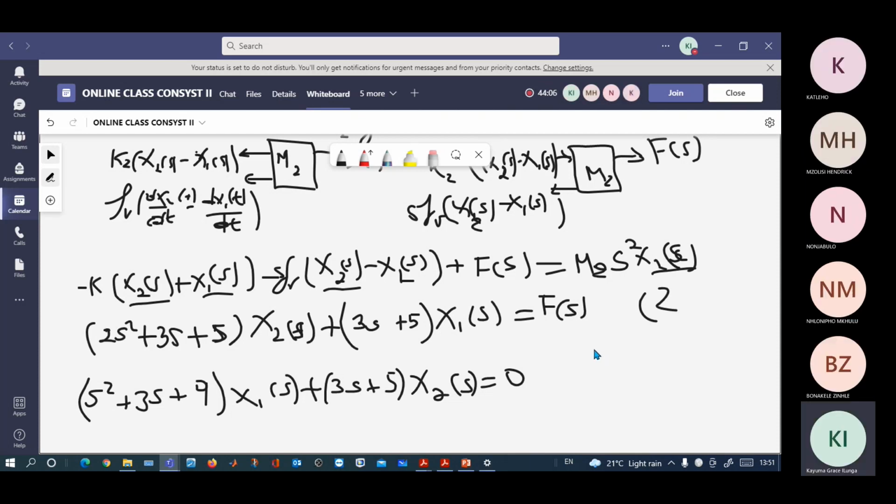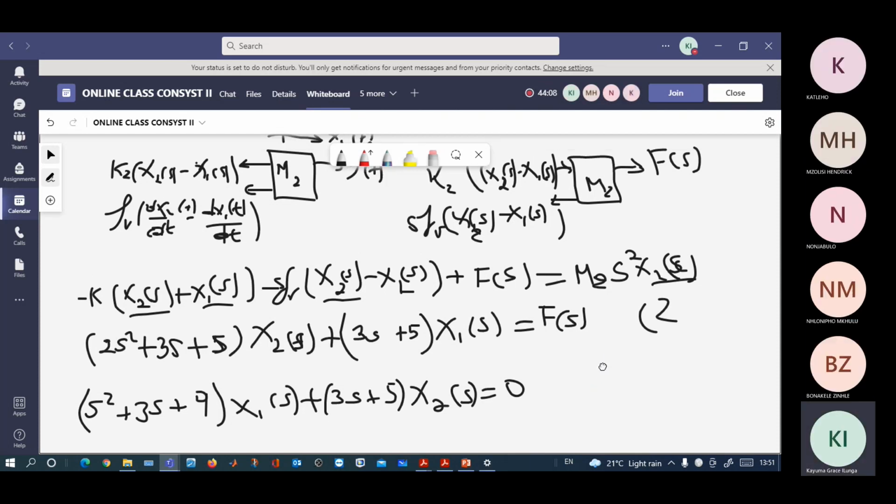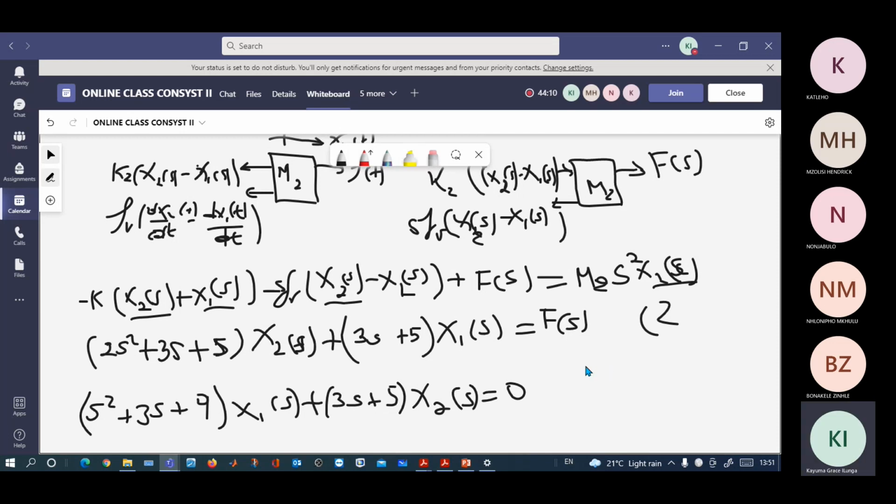On the free body diagram, it says K2 bracket X2 S minus X1 S. But when you use the equation, you say K2 bracket X2 S plus X1. Where is it? Which level? The first step on equation 2, sir. This one. On K2, sir. Yeah, K2, okay. On the free body diagram, it says K2 bracket X2 S minus X1 S.